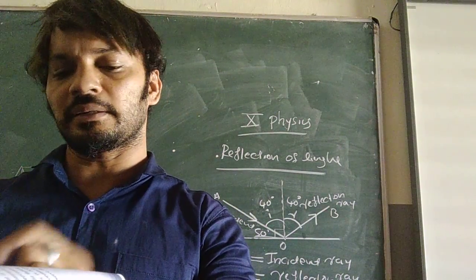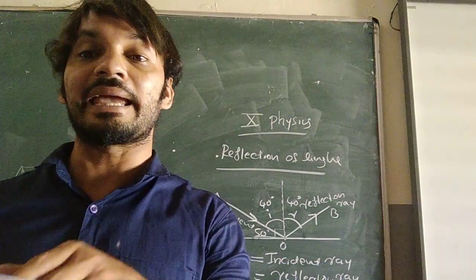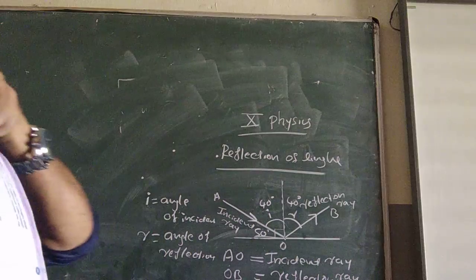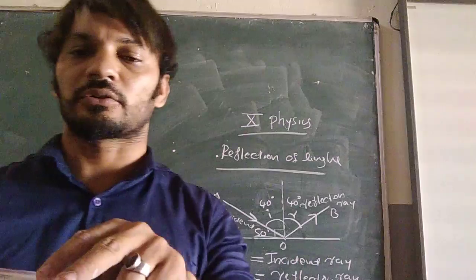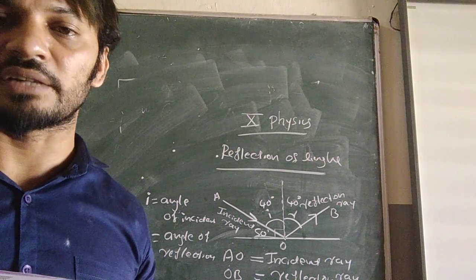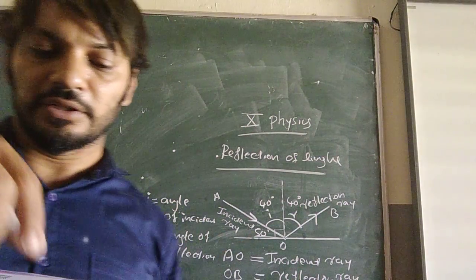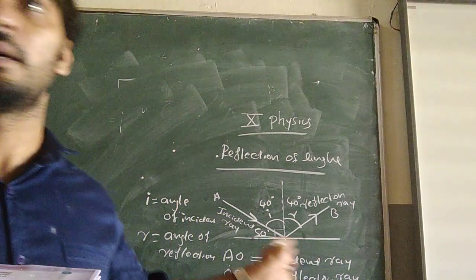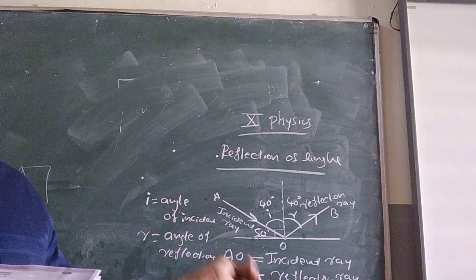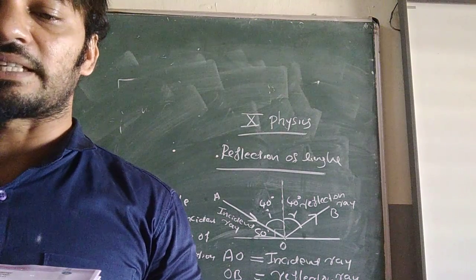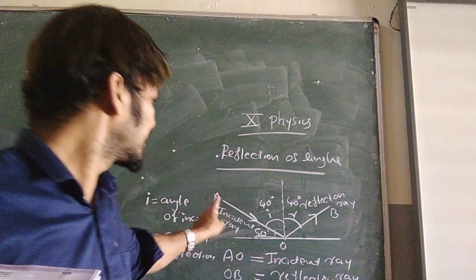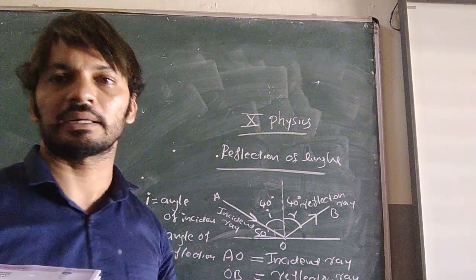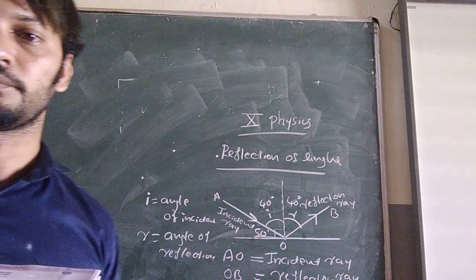Take page number 80. In that, there are 4 questions asked based on this figure, figure 4.1 of page number 79. First question: which is the incident ray? AO, right answer, AO.